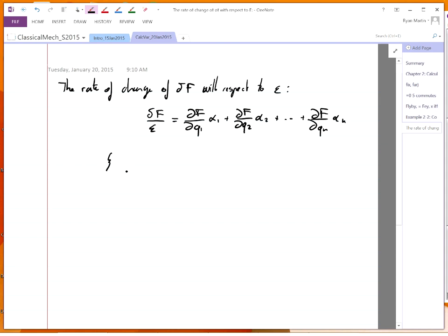So now alpha, we could write that, say, as a vector, and it's an arbitrary vector in the space of the q's, right?